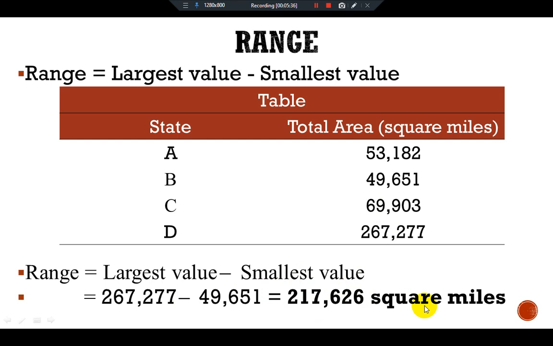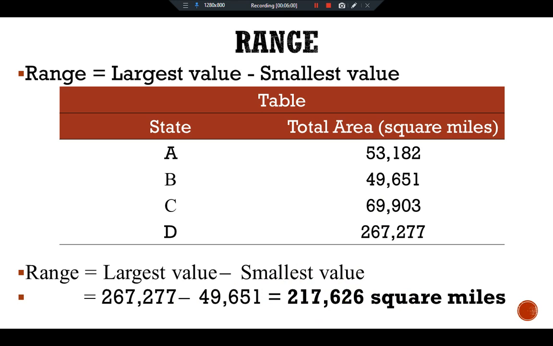Thus the total areas of these four states are spread over a range of 217,626 square miles.